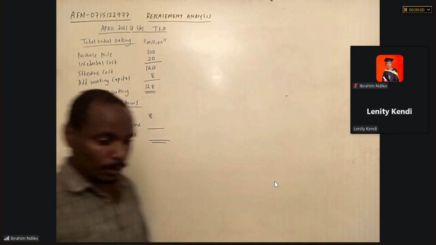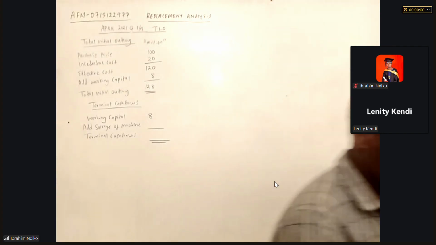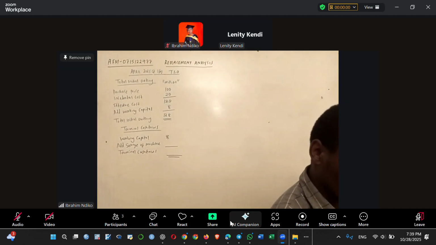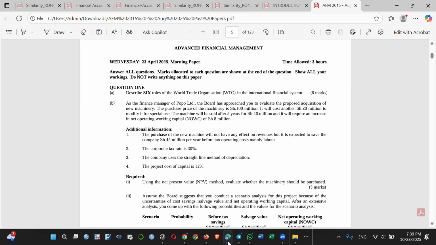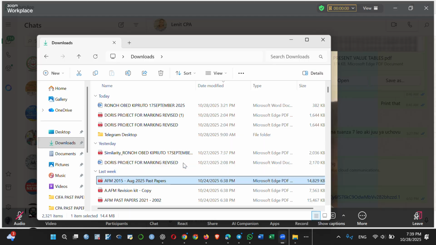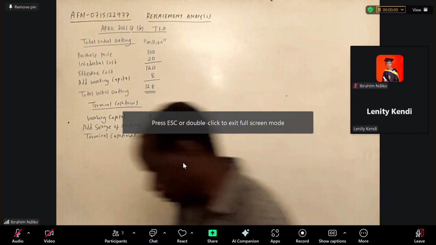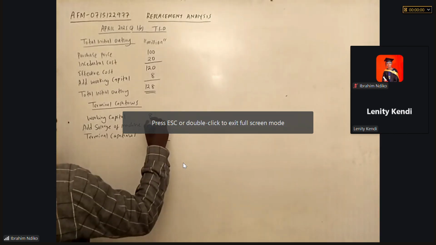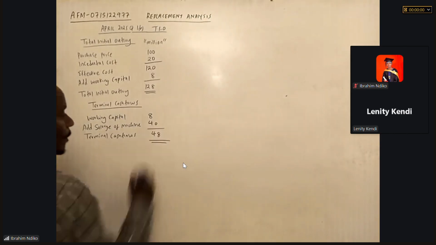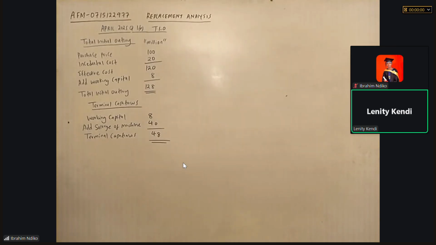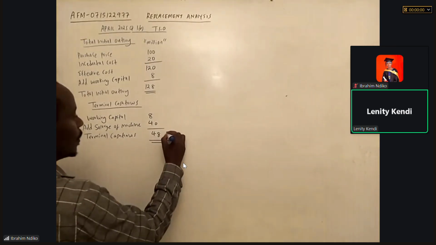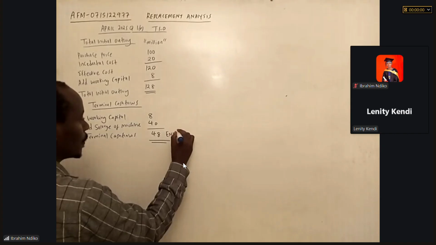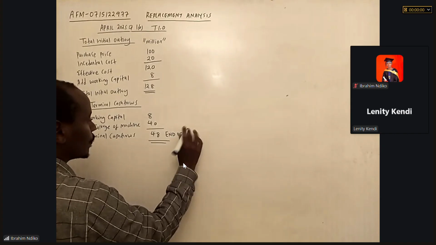The salvage value is the value of the machine at the end of the useful life. So the machine can be sold at how much? 40 million. So that is the salvage value of that machine. Remember, this is at the end of year 5, you need to be very keen.